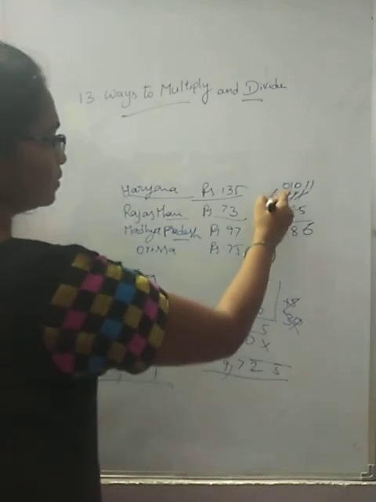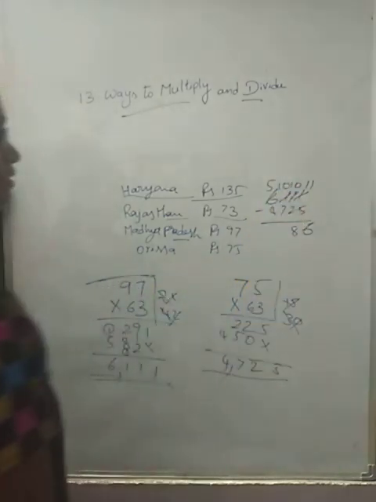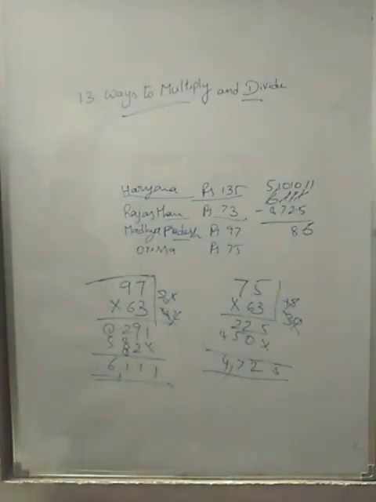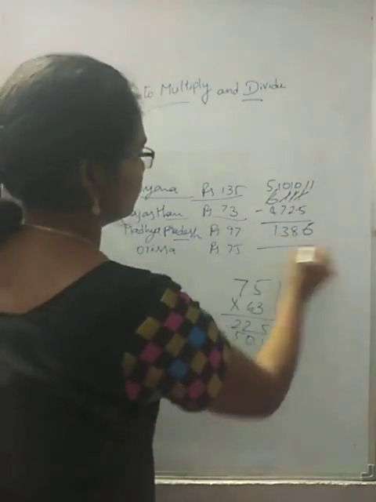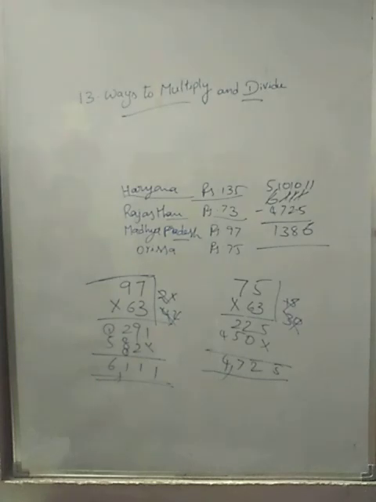From 0, 7 will go? No. You should take borrow. 10 minus 7, 3. 5 minus 4, 1. Here see how much difference they got. 1,386 rupees. 1,386 rupees. Okay students, tomorrow I will continue the remaining.